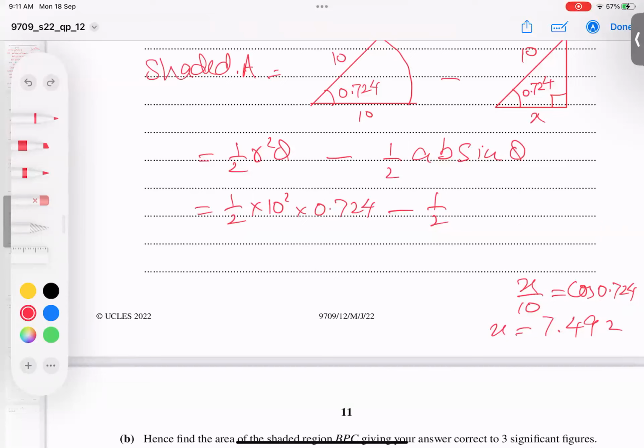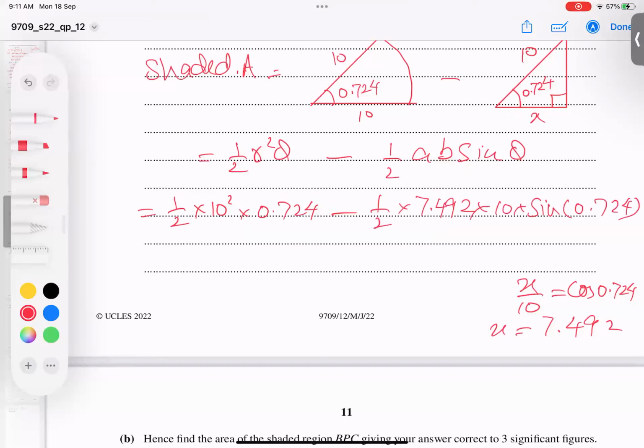So half into 7.492, and B is 10, and the sine of the angle, and that is very clear, sine of 0.724. It is just a matter of typing in the calculator.